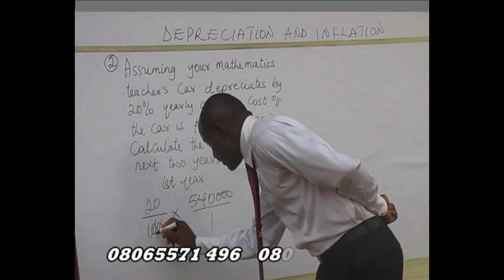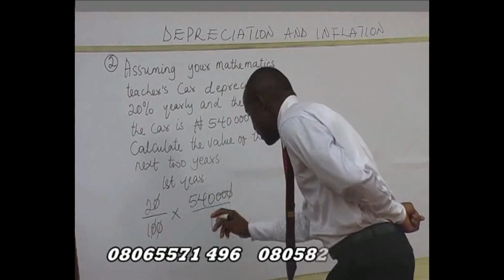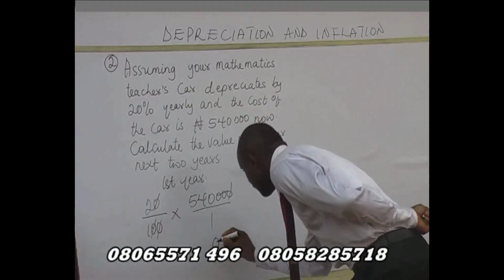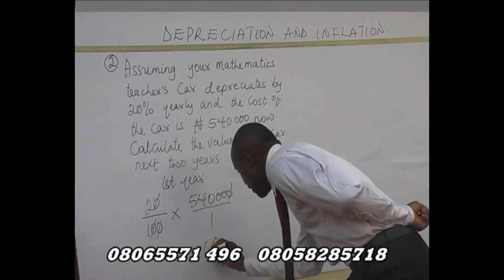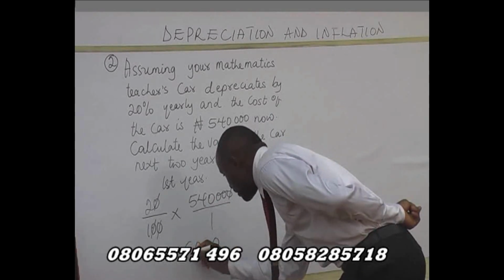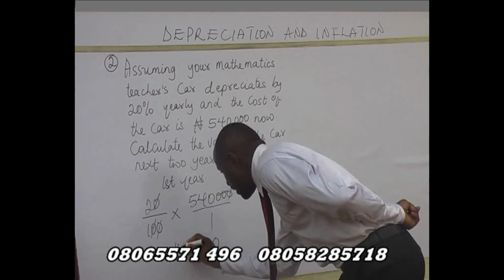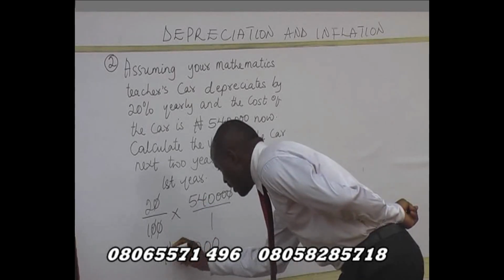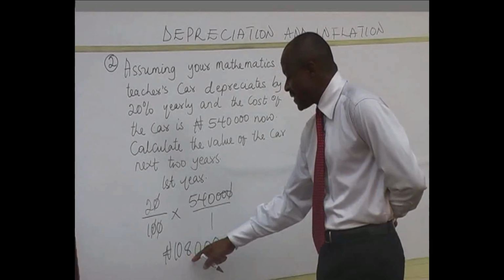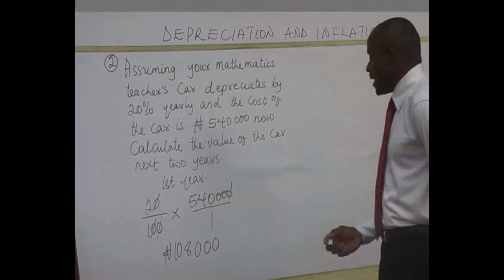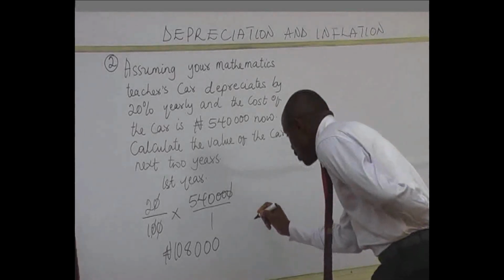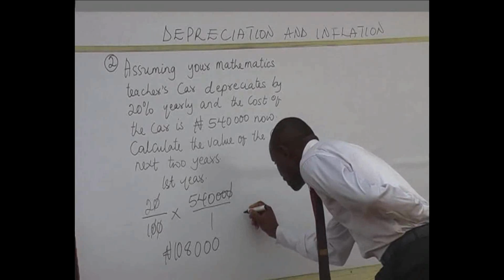You can cancel this, you can cancel this. 2 times 0 will give you 0. 2 times 0 will give you 0. 2 times 0 will give you 0. 2 times 4 will give you 8. 2 times 5 will give you 10. That means there will be a loss of value of 108,000.